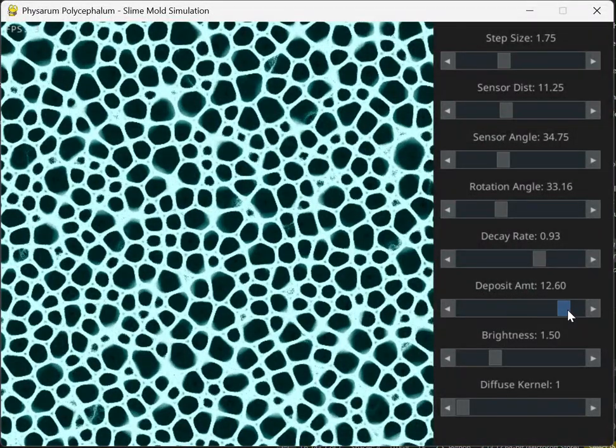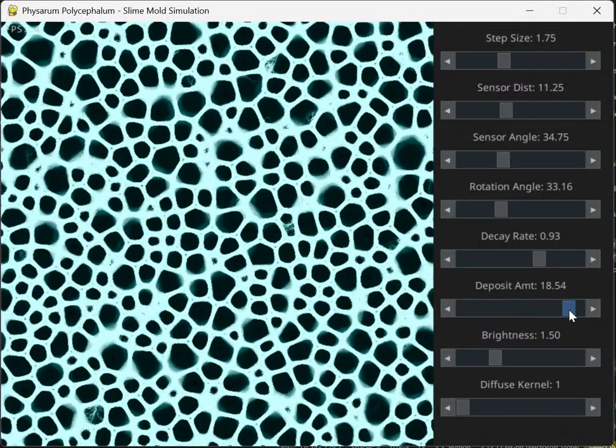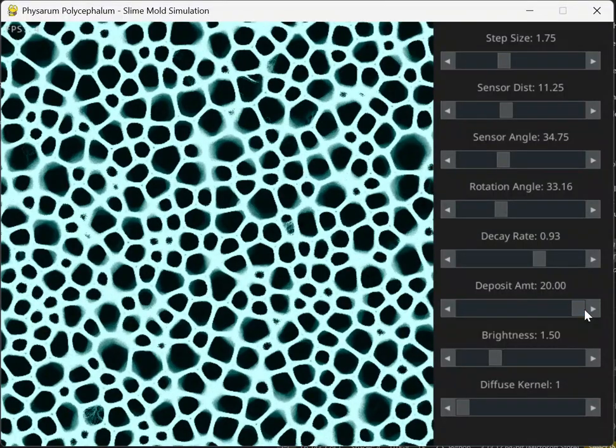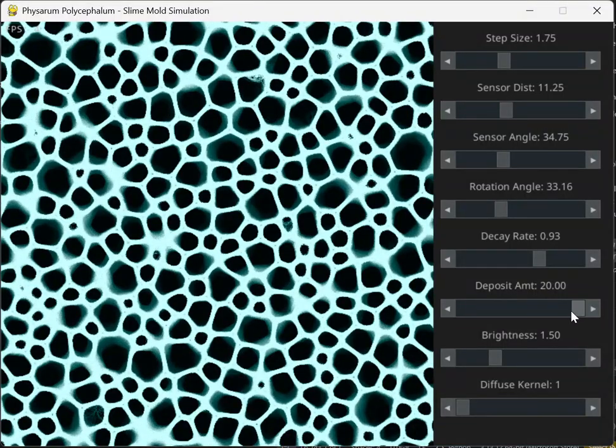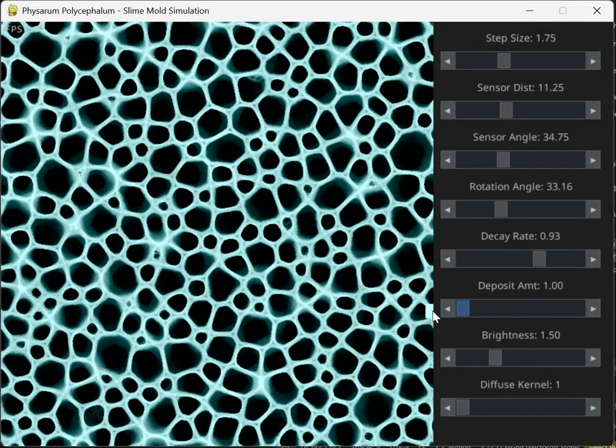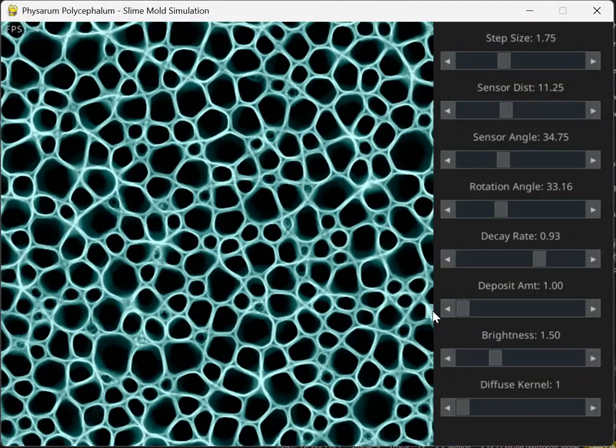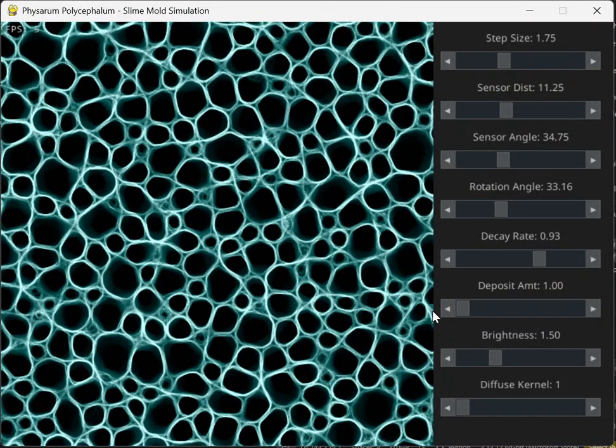As you can see, if I increase the deposit amount, you will see more trail deposited and it will fill more blocks. If I really reduce it, the network will become thinner.